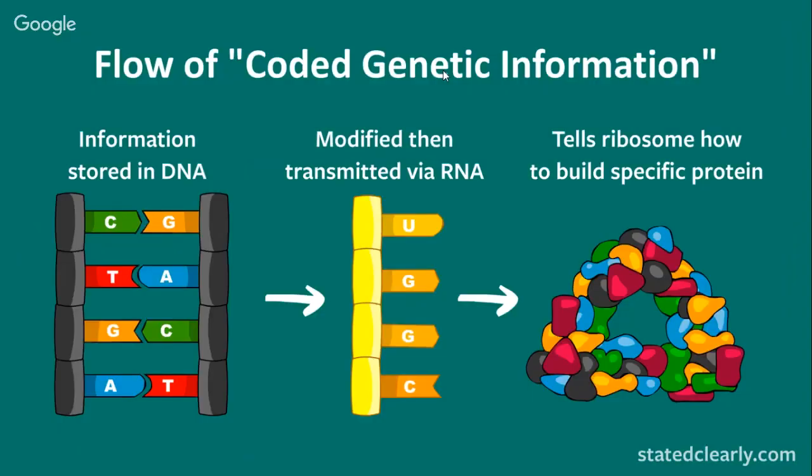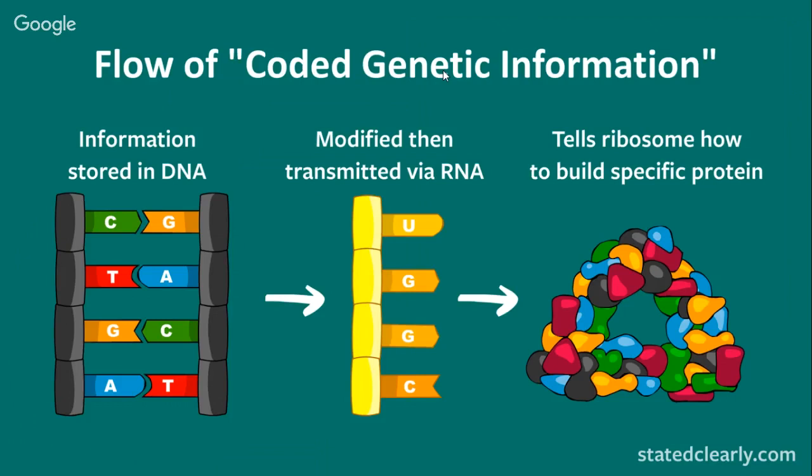So here is the flow of coded genetic information inside the cell. The information is stored in DNA. It is modified and then transmitted via messenger RNA. That is received by the ribosome, and the ribosome uses that to build a protein. So information is stored in DNA, modified, then transmitted via RNA.